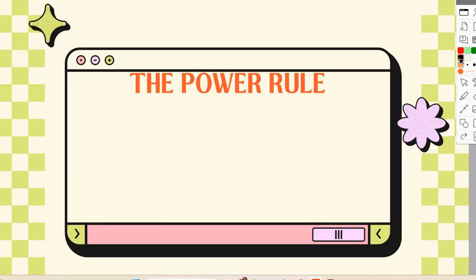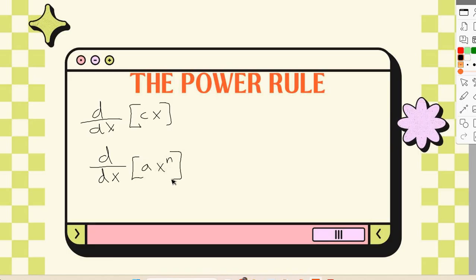So our derivative, d/dx of cx, and the derivative of d/dx of ax to the n. So let's think about this first one. If it's going to be 1 degree less, and I just have an x there, well, what's 1 less than 1? 0.